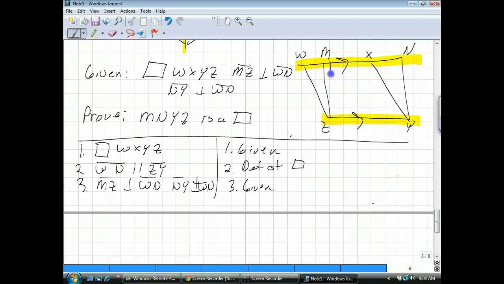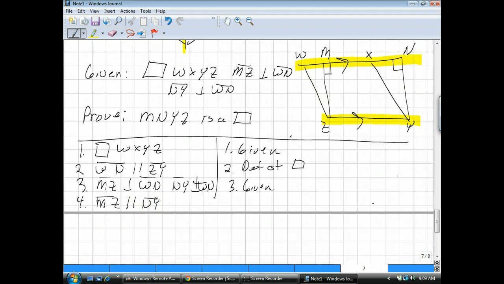So we know this is a right angle, and NY is perpendicular to WN. So we know this is a right angle. Okay? And we knew that because it was given. And then we know that MZ must be parallel to NY.